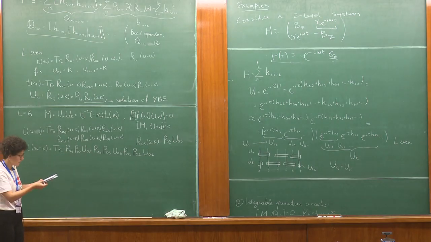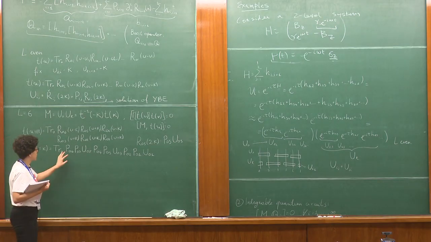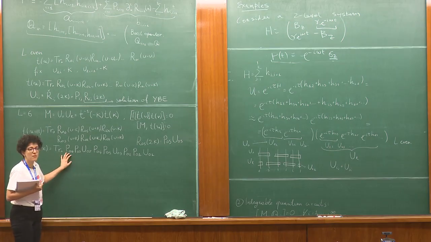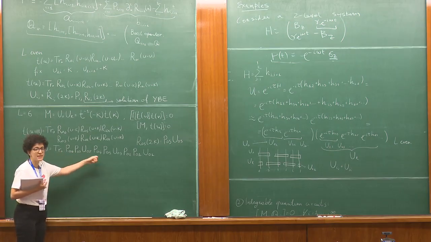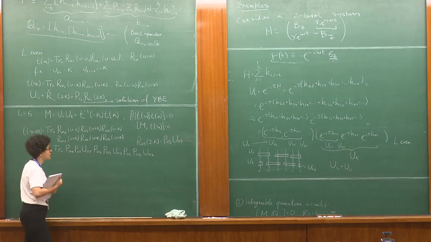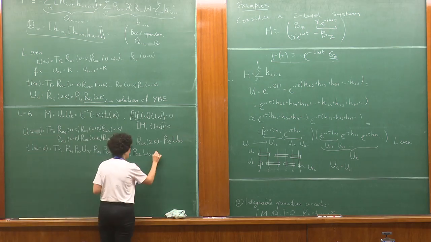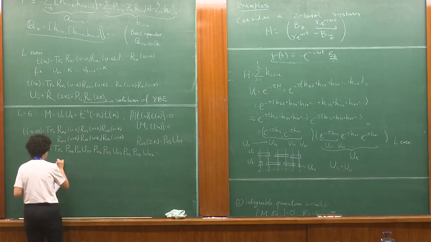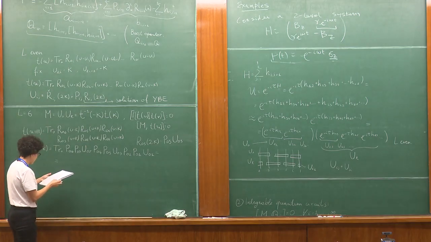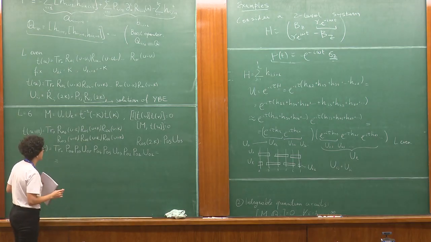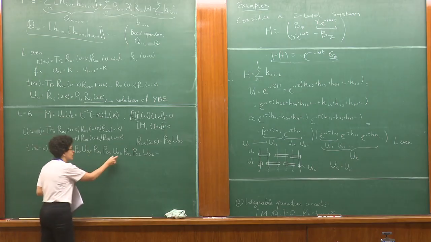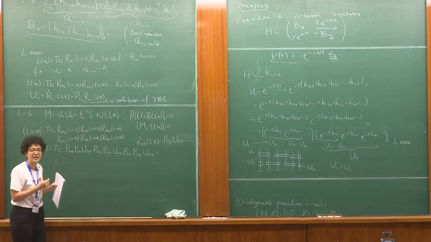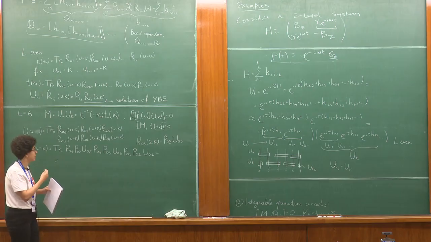Okay? Now, we want to work with this permutation operator in order to remove the site 0. So how do we do this? Let's try to put all the U's nearby and move all the permutations in front.